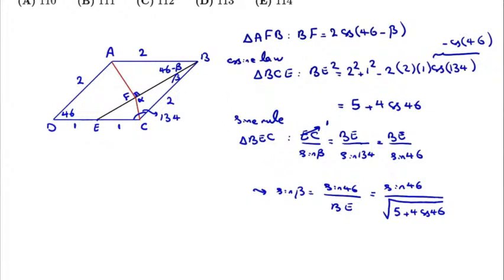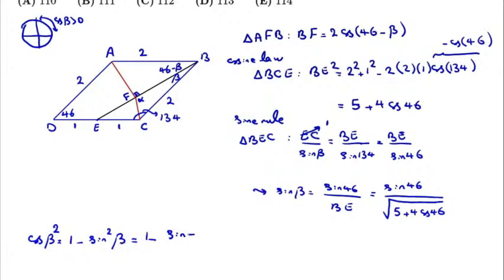We know beta is between 0 and 90. So cos beta, if you consider the unit circle, will be positive. Cos beta squared is 1 minus sine beta squared, because sine squared plus cos squared is always 1.